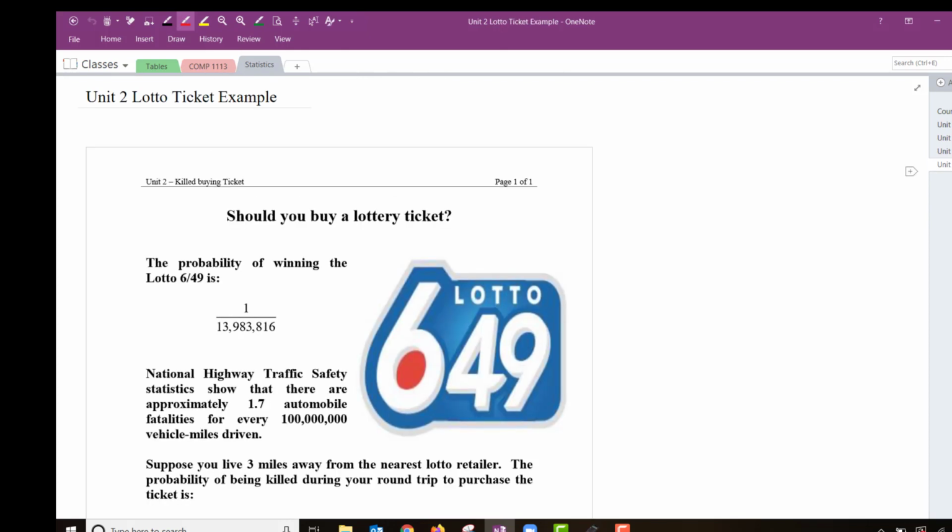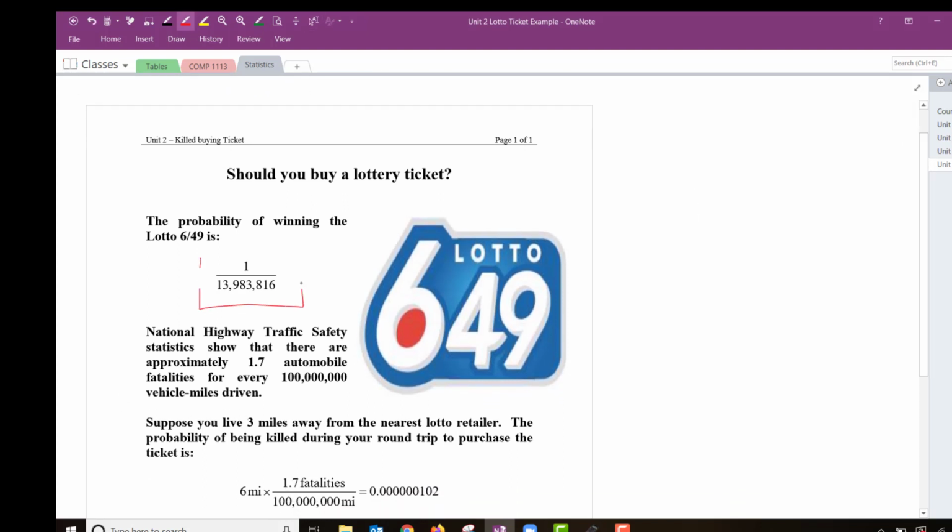When I buy a lottery ticket, I'm just going to jump over here and do a little aside on lottery tickets. We just found that your chances of winning are 1 in 14 million. I have to drive to the 7-Eleven to get my lottery ticket, and I wanted to see what my chances were of dying in my car while trying to buy a ticket. So I found some highway statistics, and they say that there's about 1.7 deaths for every 100 million miles driven.